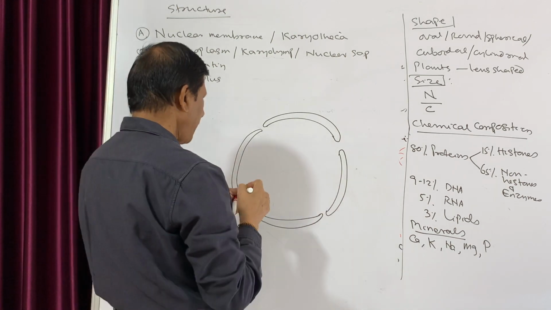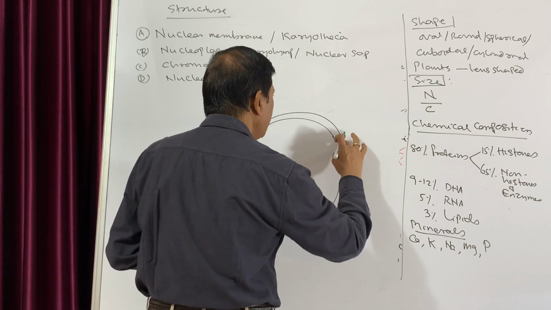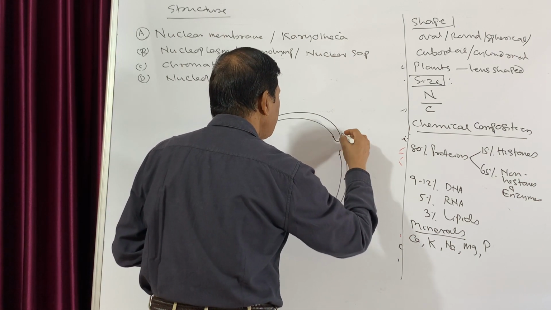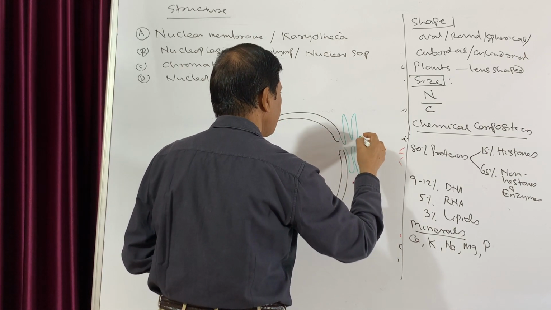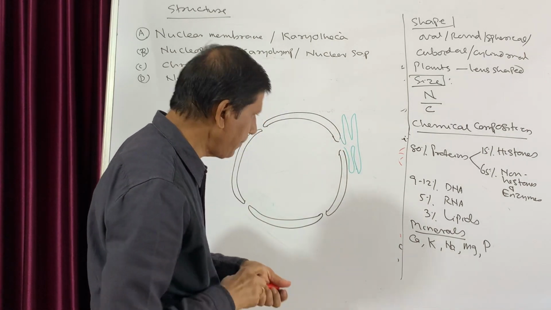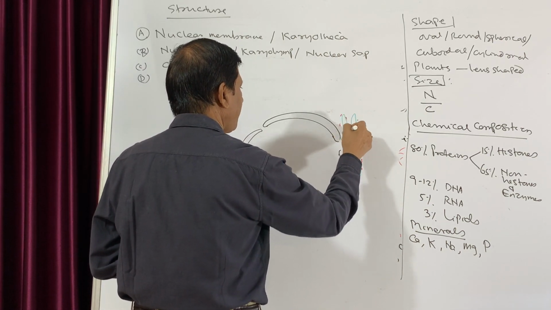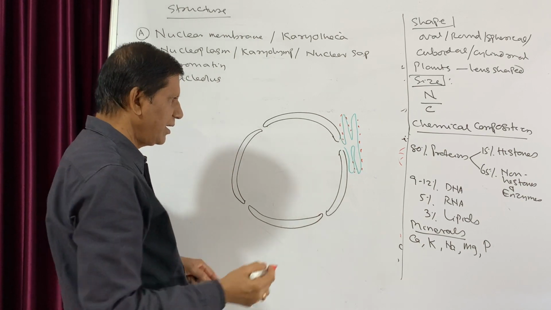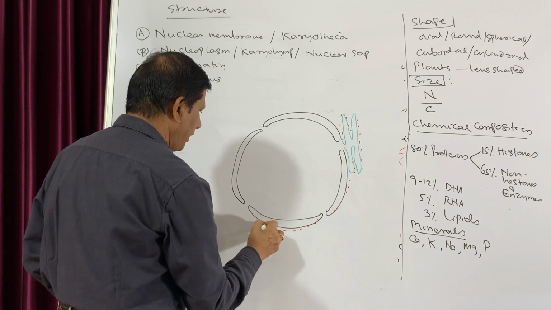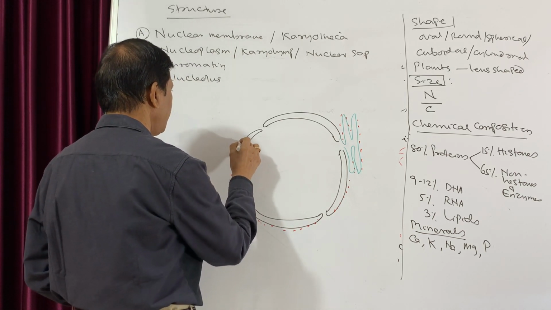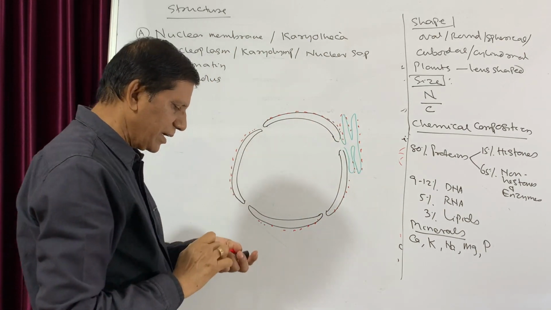Now the outer membrane is usually connected with the endoplasmic reticulum. At some places it may be connected with the endoplasmic reticulum, and this is usually rough endoplasmic reticulum. And in addition to that, the outer nuclear membrane also has ribosomes.